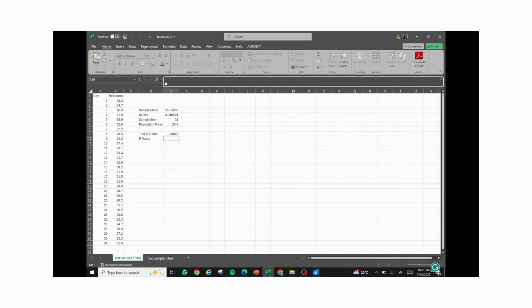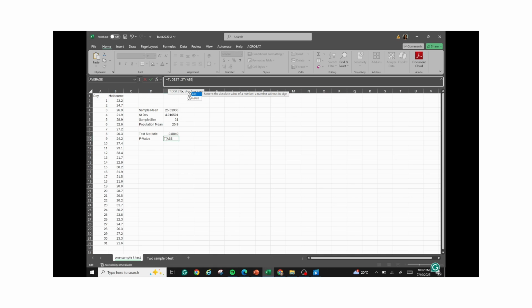Now we have to calculate the p-value. The p-value refers to the probability of observing a test statistic that is as extreme as the one calculated. Okay. So to calculate the p-value, we have to use the T.DIST.2T function. 2T stands for two tails.